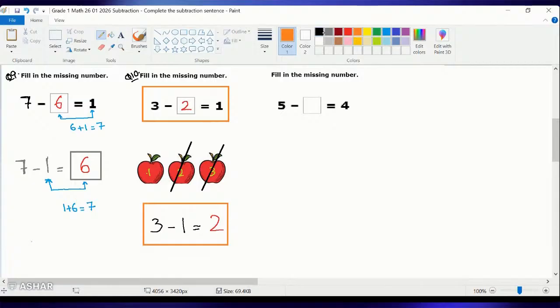This is our question number 11. So what is 5 minus something equals to 4? Or the other statement we can write this as 5 minus 4 should be equal to a value. Same thing, right? The reverse.